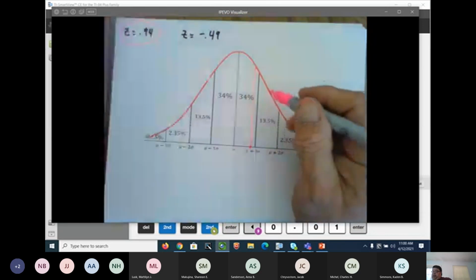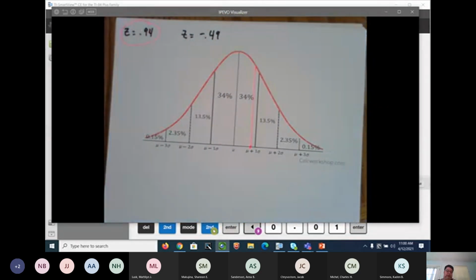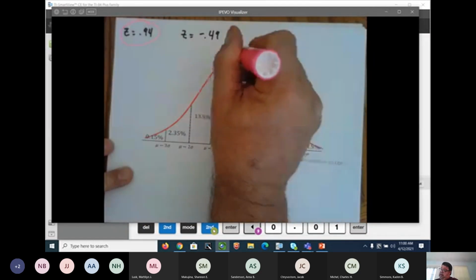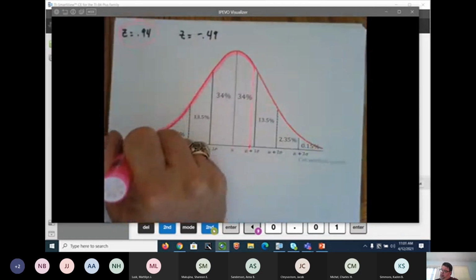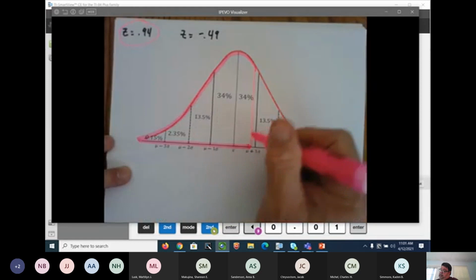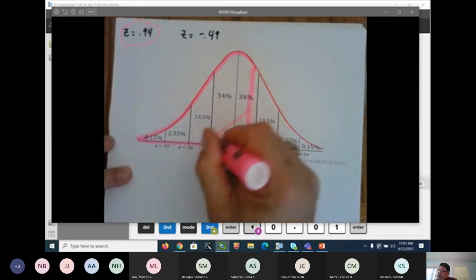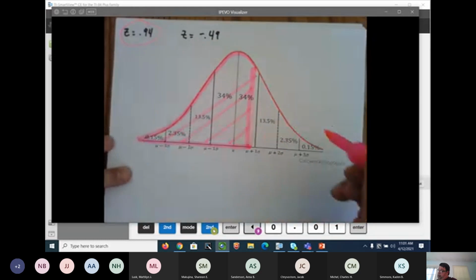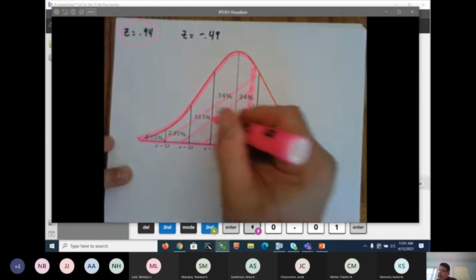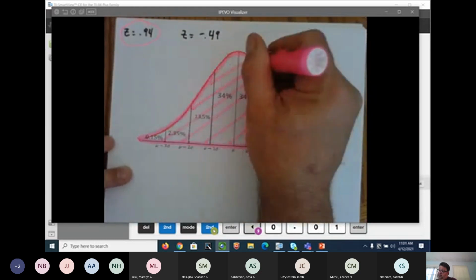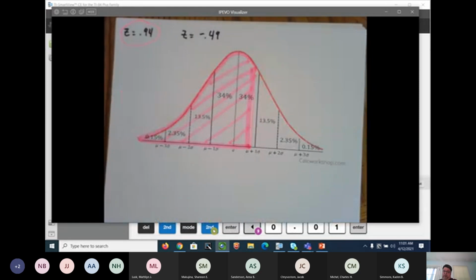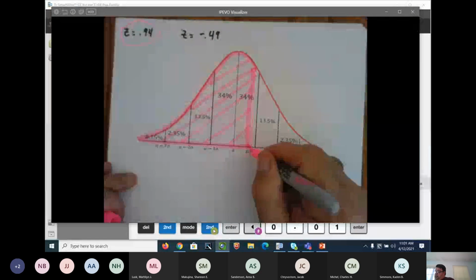And I'm not going to do the estimation, I'm just going to do the normal CDF. So I need somebody to type in normal CDF from negative 9999 to 0.94.